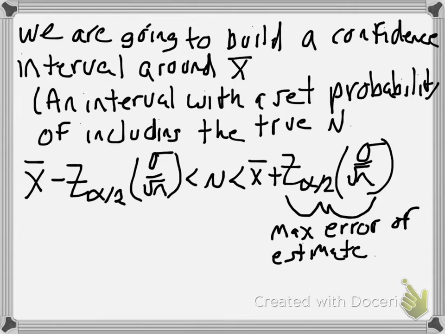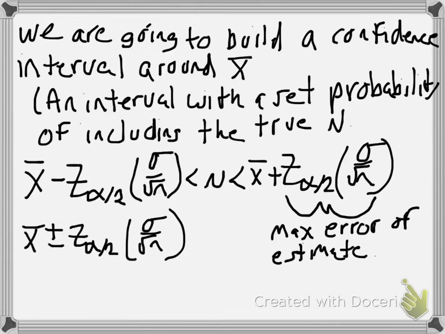Okay. Now, of course, this big long equation can be written in a little bit shorter form. It's X bar plus or minus Z of alpha over 2 times sigma over the square root of n. Now, if we're going to do a Z confidence interval, we must know the standard deviation of the population.